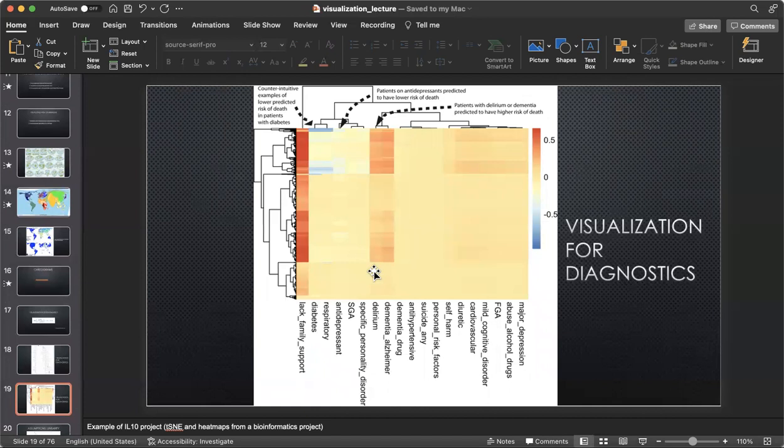You can take it a step further and ask, can you use heat maps? Heat maps are a very, very powerful technique to convey a model to different audiences who do not have experience with machine learning. So for example, there's the same data. The rows in this heat map are patients.